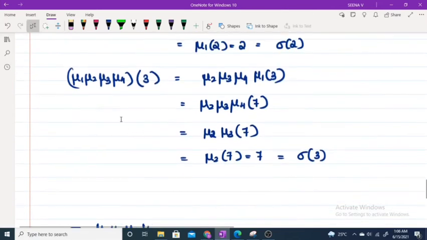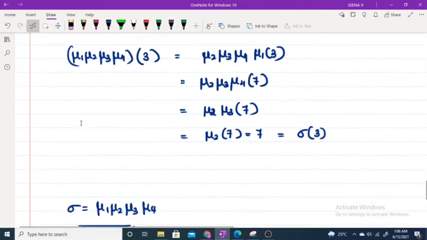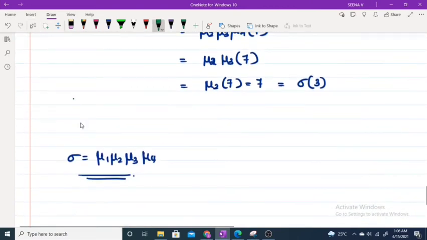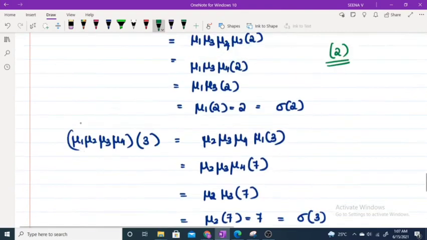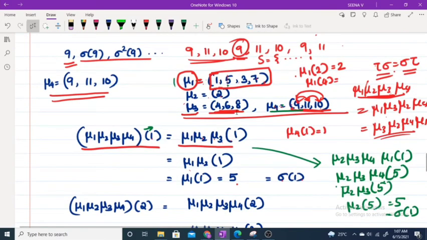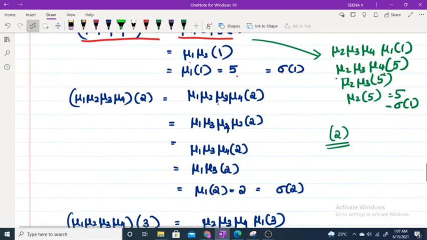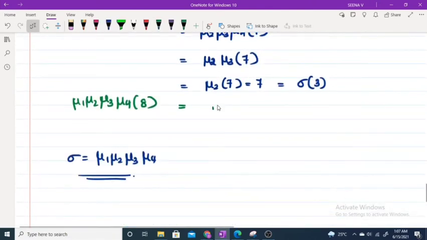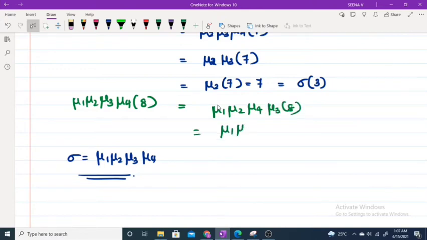And proceeding like this, now I'm calculating mu1, mu2, mu3, mu4 of 8. And 8 is in which cycle? 8 is in the cycle 3 and 8 goes to 4. So this you can write as mu1, mu2, mu4, mu3 of 8, and 8 goes to 4, mu1, mu2, mu4 of 4.